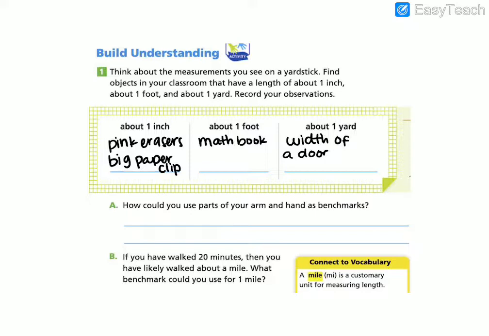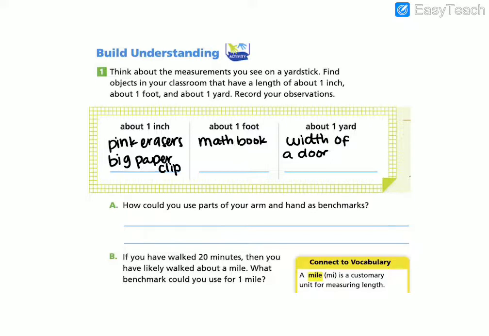Right, so now let's answer letter A. How could you use the parts of your arm and your hand as benchmarks? So we want to think about some things that we can use just kind of to give us a guide of about how big something is. So let's think about our hand in relationship to 1 inch. The distance between the top of your thumb and that middle joint of your thumb where it bends is typically about 1 inch.